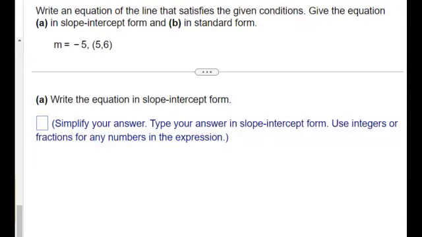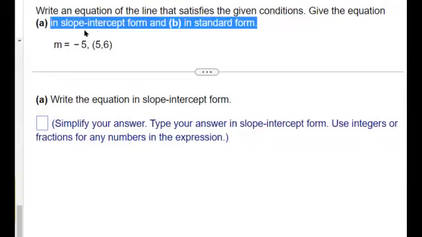Here they've given you the slope. They've said, look, the slope of this line is -5. And then they said, it goes through the point (5, 6). And they want two versions of the line. They want it in slope-intercept form, and then they want it in standard form. We'll talk about standard form in a moment.